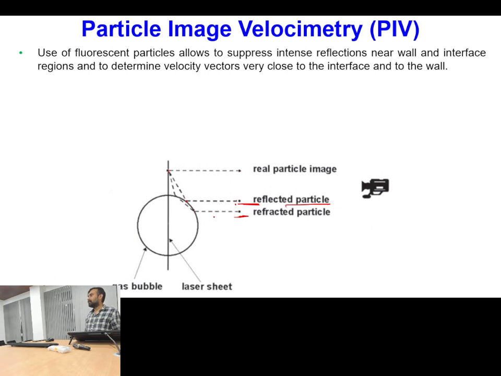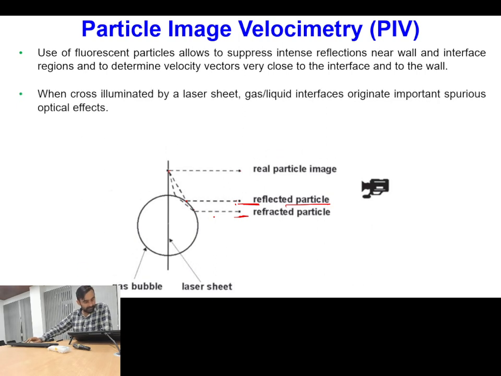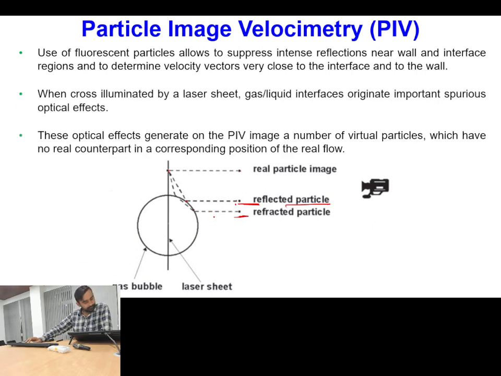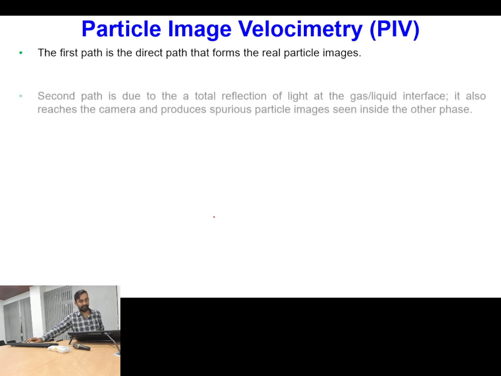So for a single particle you can get three images: two hypothetical images from reflection and refraction at the interface. Near the interface, because of these reflections and refractions, you get errors in your measurements. You get some virtual particles.